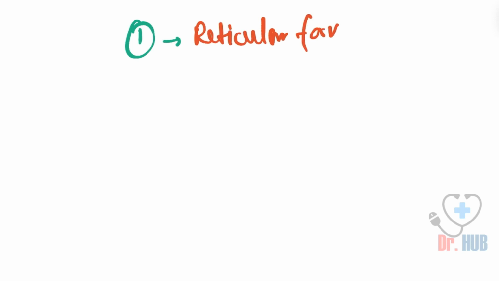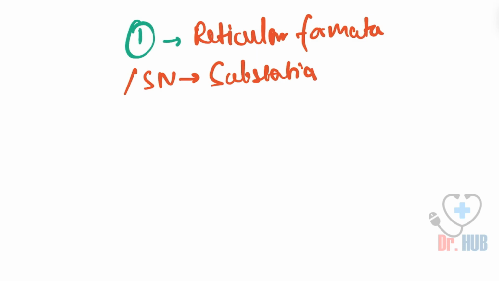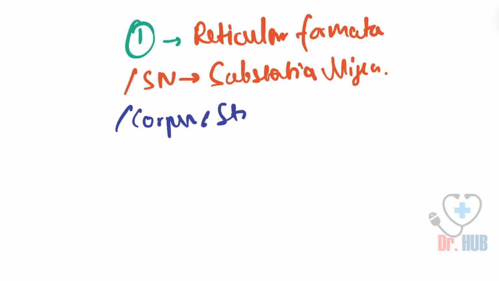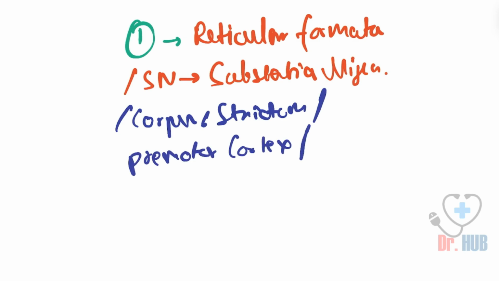The input is from the reticular formation, then the substantia nigra, and also the corpus striatum. There is also the premotor cortex as well as the other thalamic nuclei.